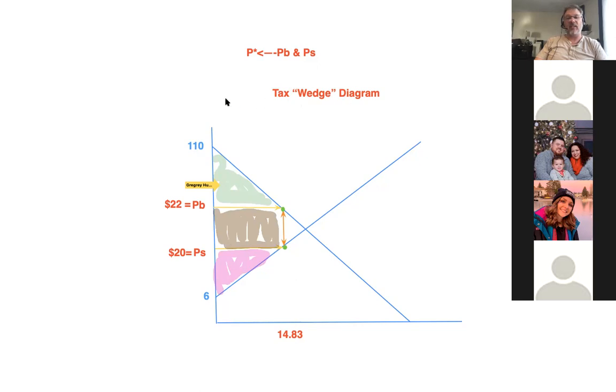Well, again, if you just think about what tax revenue is, tax revenue is the amount of the tax times the number of transactions completed with a tax, which is the after-tax quantity.